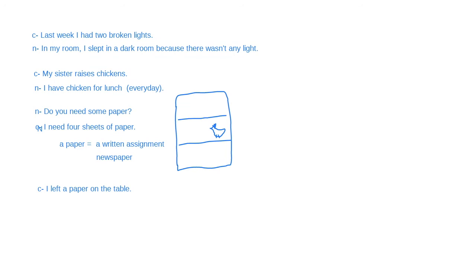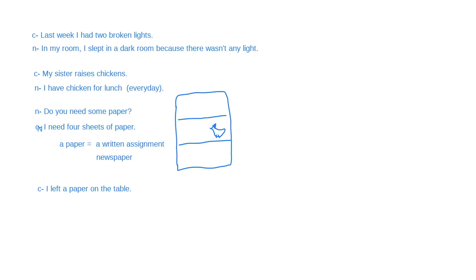You said I left a piece of paper on the table. Yeah, this right here is a piece of paper. Not a paper. If you want to write something, you say I need a piece of paper.